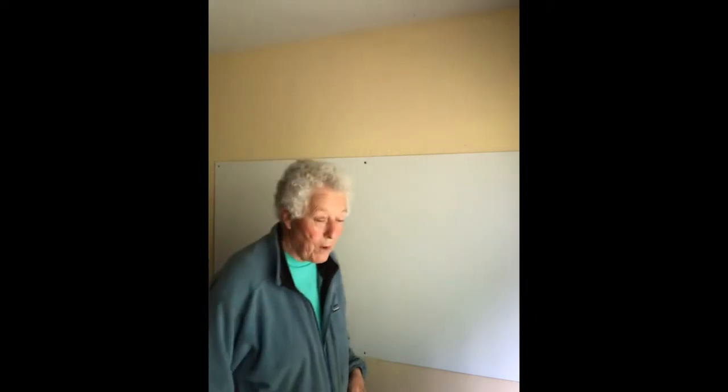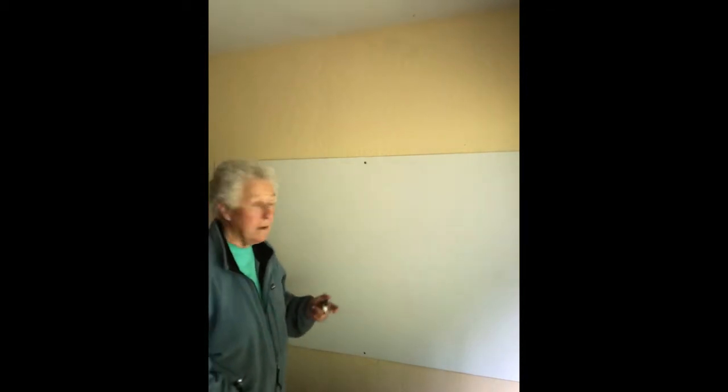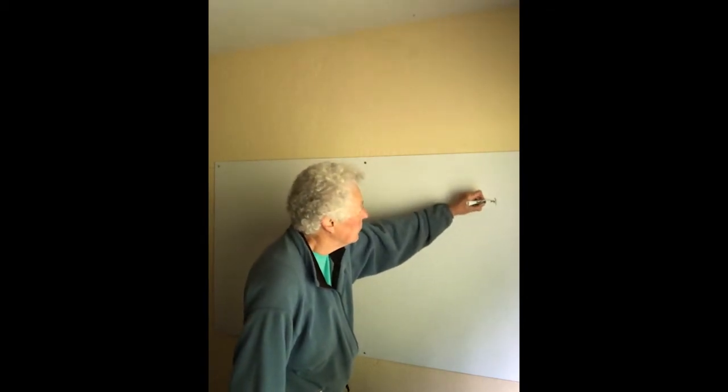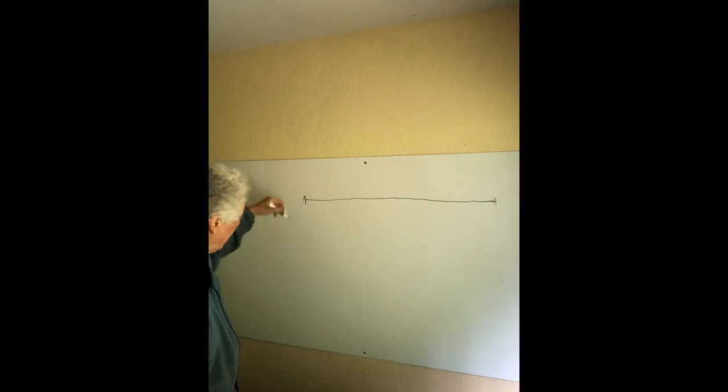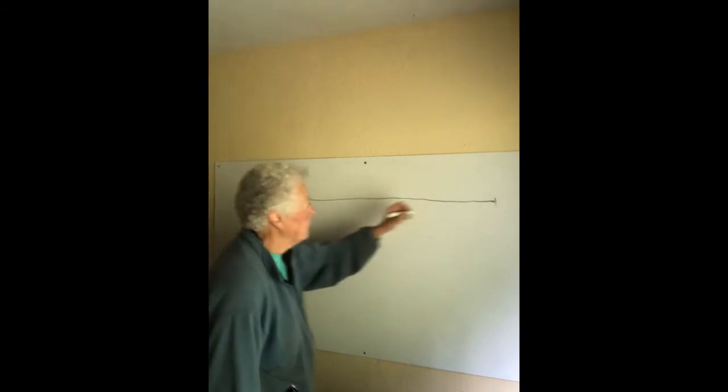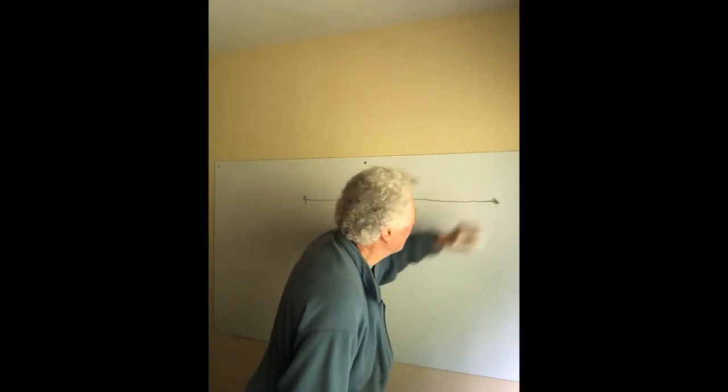So let's look at the wavelength for a second. If I have a string, and it goes from here to here, and I take the string and I shake it, and this string has got some vibrator on this end, and it's got a fixed end on this end, so it sits there still.